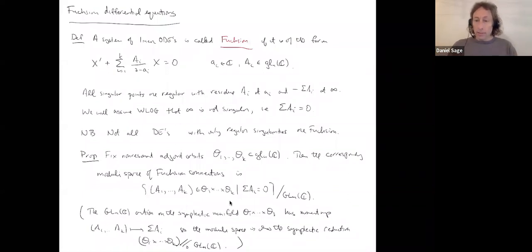And you may be wondering why we do this instead of other things? Well, it turns out that especially when we move to allow irregular singularities, this is the kind of problem one knows how to answer.